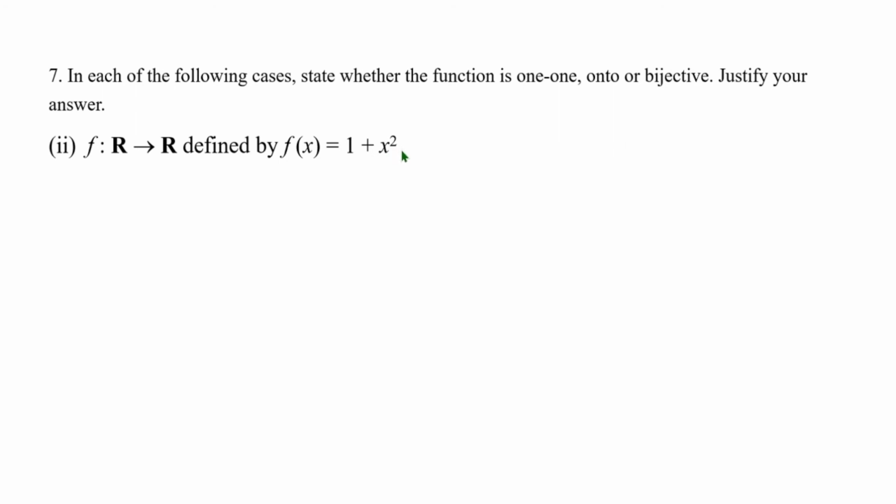So two elements in the domain have the same image in the codomain. So f(1) = f(-1) = 2. Therefore, f is not one-to-one.